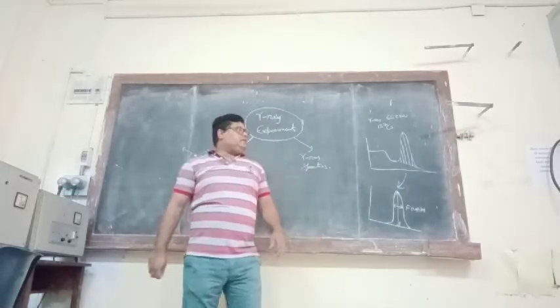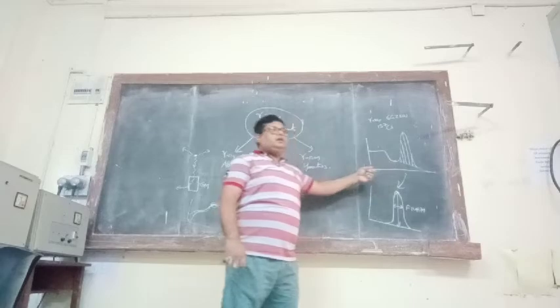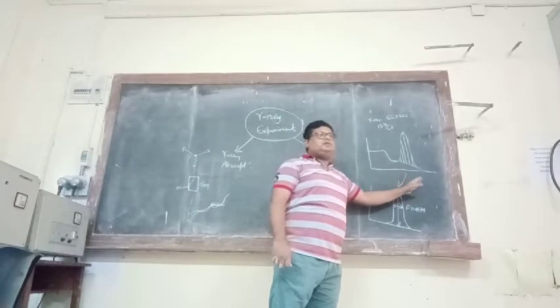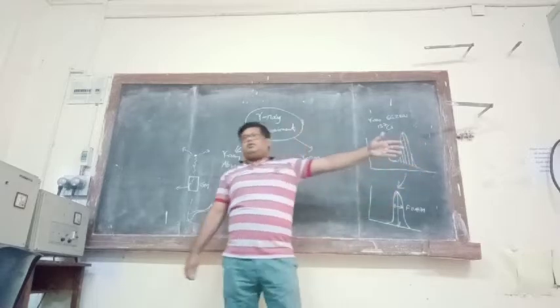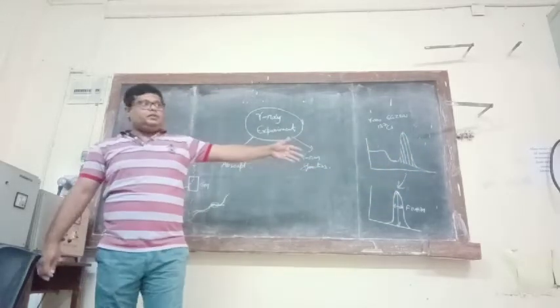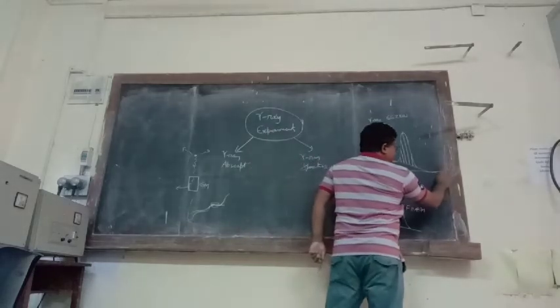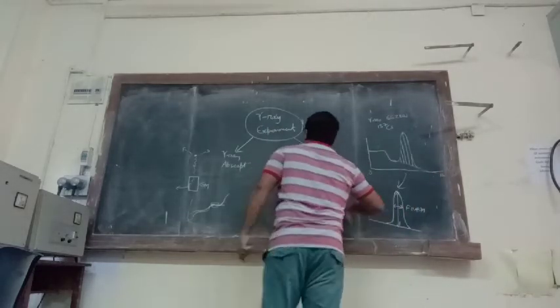Now remember that this whole measurement is done using your lower level discriminator, that means in volts. Any electronic instrument has a range of 0 to 10 volts, right?